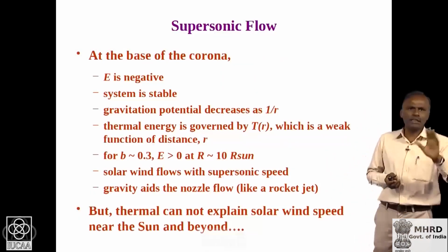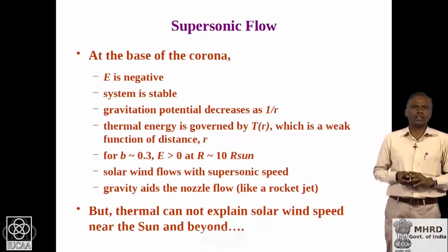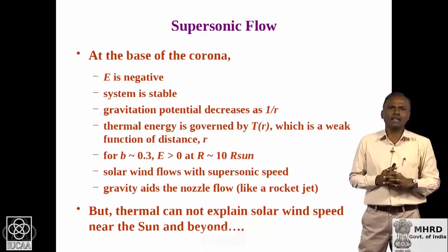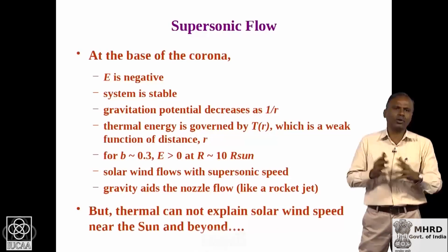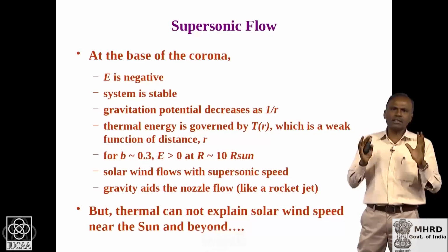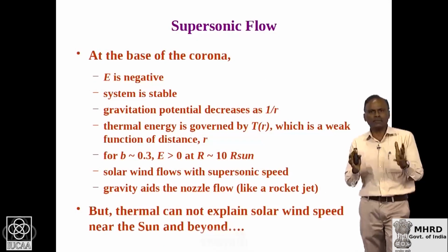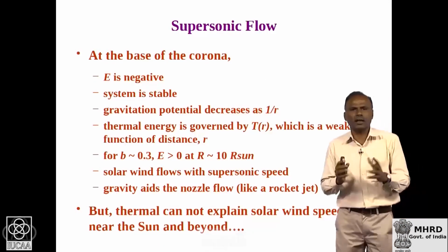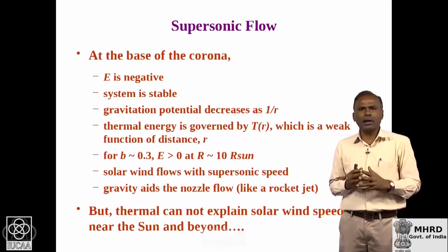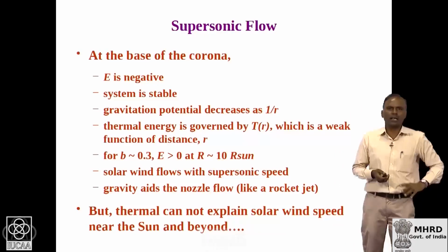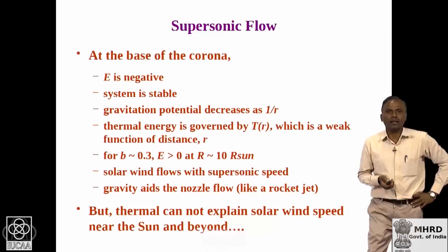Let us see, b is negative, at the base of the corona the system is stable. Gravitational potential decreases as 1 over r, and thermal energy is governed by T as a function of r, which is a weak function of distance r. For b about 0.3, E is greater than 0 at about 10 solar radii.